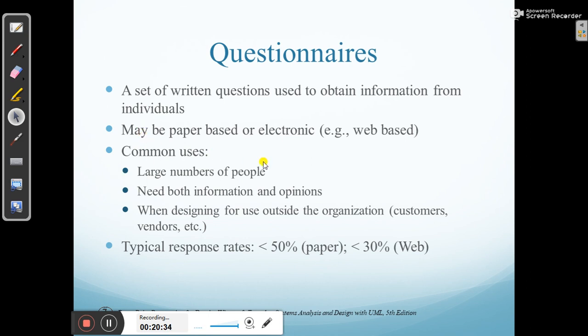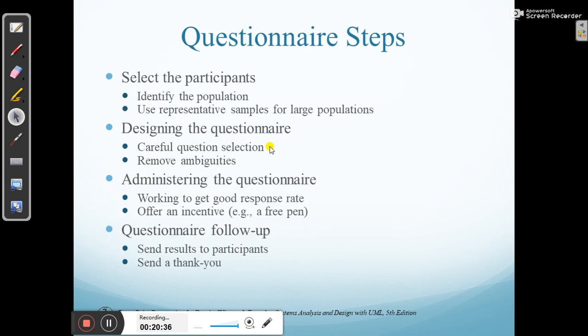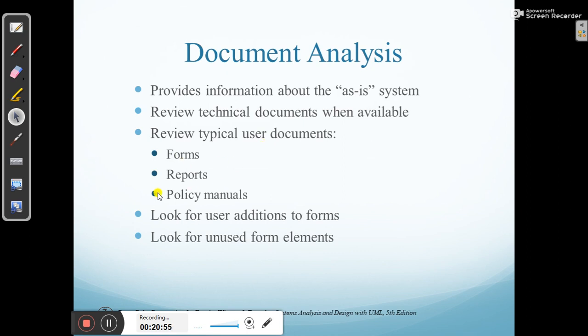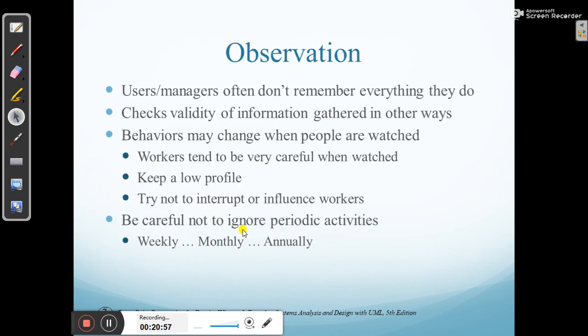Using questionnaires, you can also find out the requirements, so it is important how you set the questionnaires. We discussed the types and techniques, how we can develop questionnaires in the previous video, and also the drawbacks and advantages of questionnaires. You can go through document analysis also.